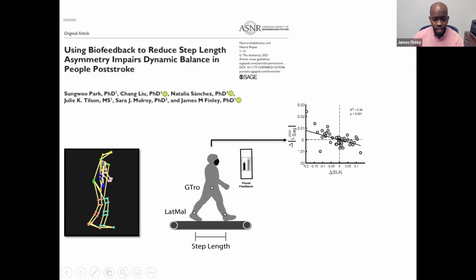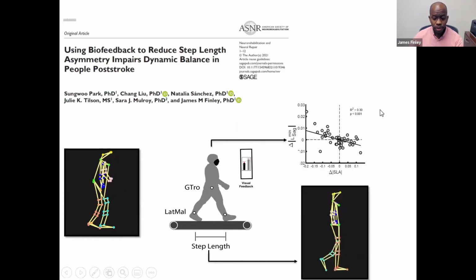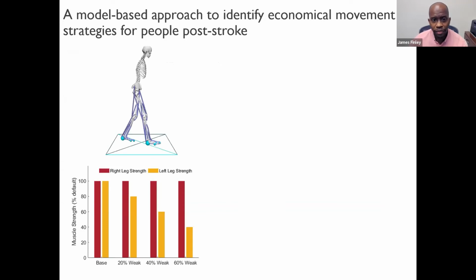And so more recently, we've expanded this work to also look at how people respond to slips and trips on the treadmill so that we can understand features about what we call reactive control. So ultimately, what we like to do is to be able to identify walking patterns or strategies that might be best for a given individual. And so one new tool that we've integrated into our work to do this is modeling and simulation.